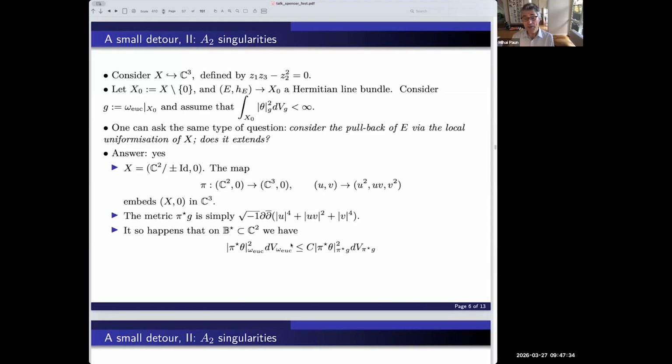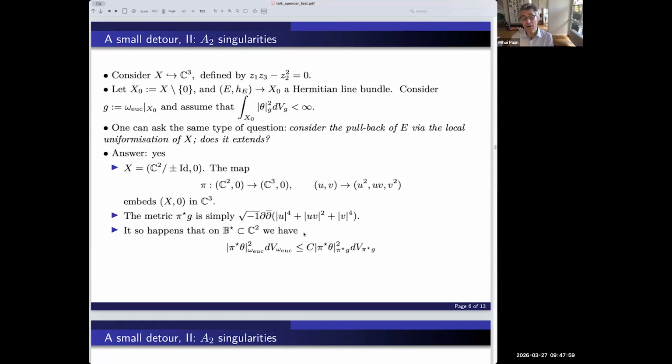But then what is happening is something very strange, which only holds for A2 singularities: when you measure this 1-1 form with respect to the Euclidean metric in C2, and then you multiply with the volume element, it's bounded up to some uniform numerical constant by the same thing, but with respect to the singular metric.